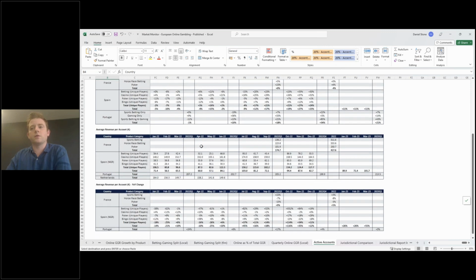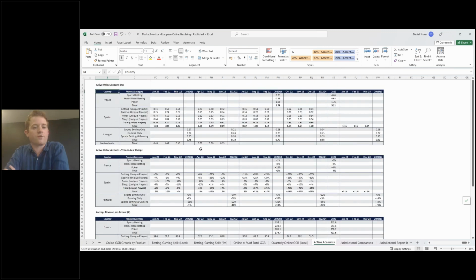I would say the paucity of active player data at jurisdictional level just reflects the fact that regulators are generally not tracking this information. We do see some level of data for the UK market via the UK Gambling Commission. At company level, we do see active player data reported to a decreasing extent, from the likes of DraftKings and Kindred, the two that come to mind.